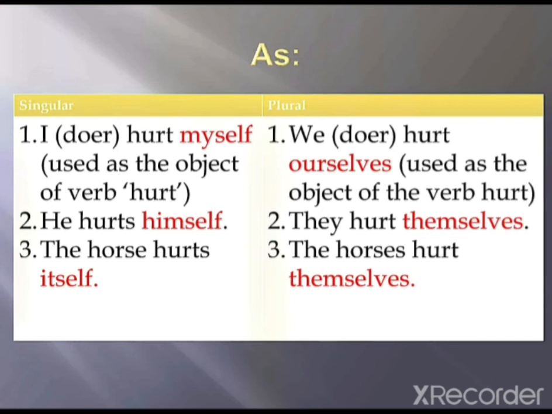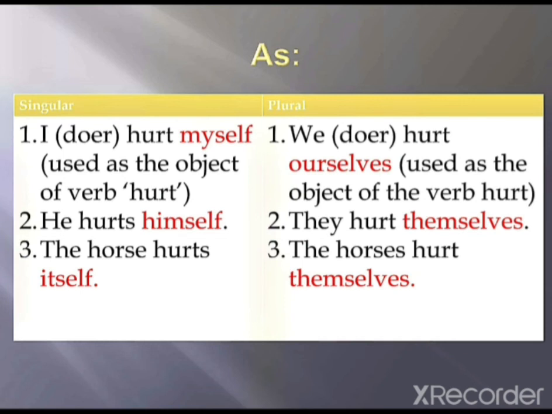You can see here in these examples, I, who is the subject or doer, hurt myself. I is doer, hurt is verb, and myself is object. Understand?